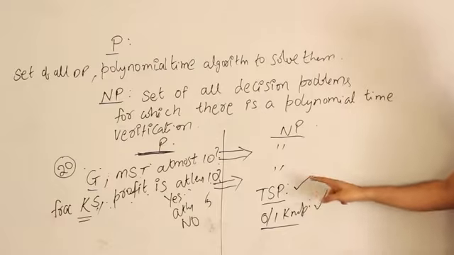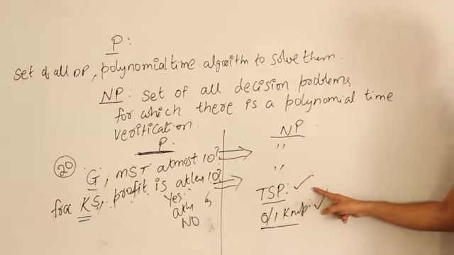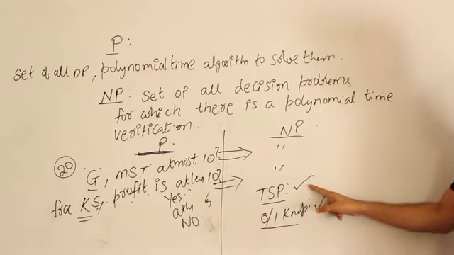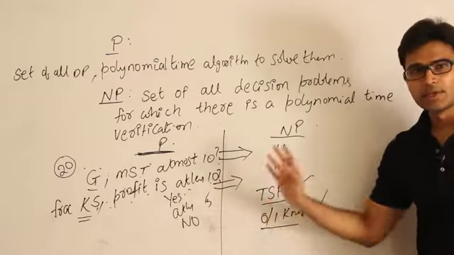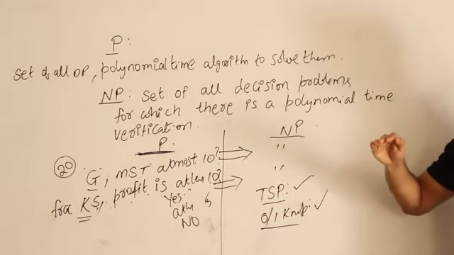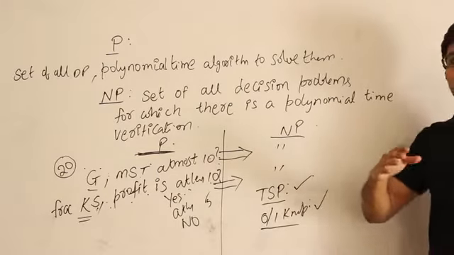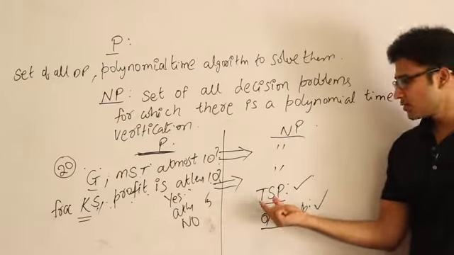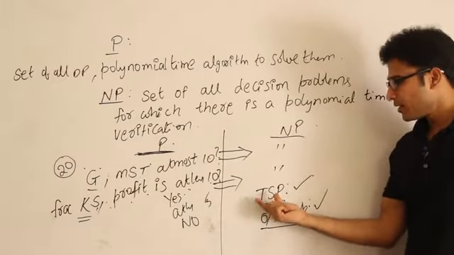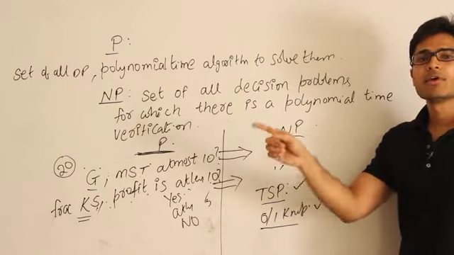But if a problem is in NP, it is not yet known, or no one has ever proposed any algorithm for such problems, so that we could put them in P. So there are at least now some problems existing which we know to be not in P but in NP. But in future, if someone solves it in polynomial time, then this one will go there, right? But as of now, they are not in P, they are in NP.